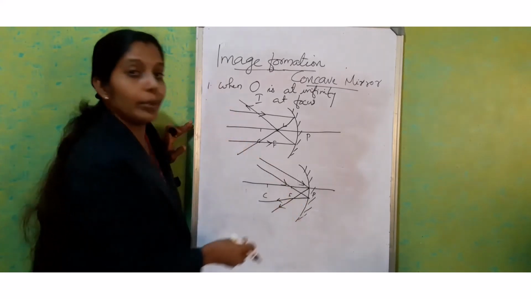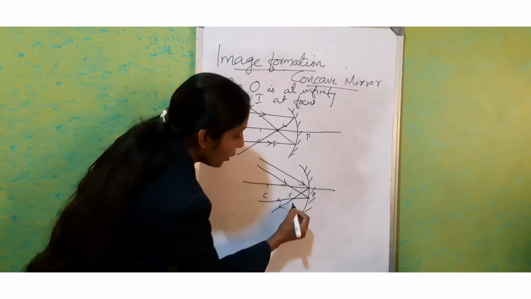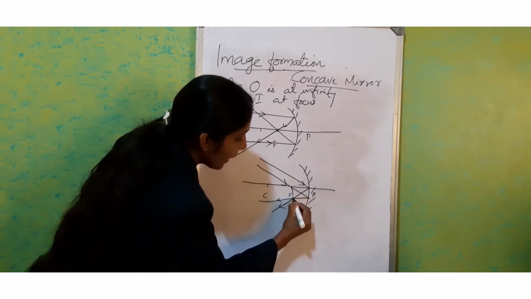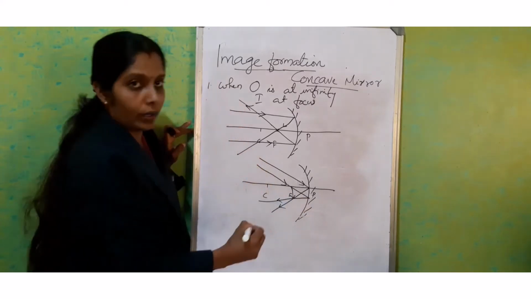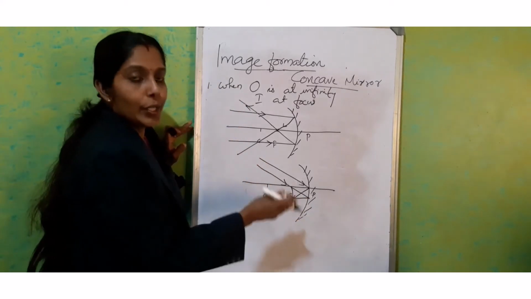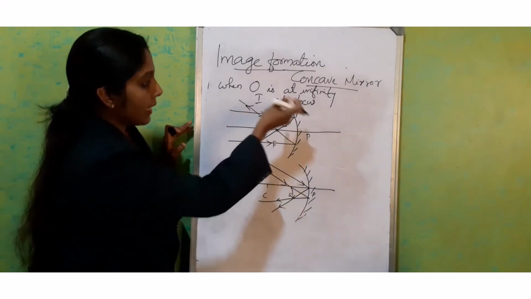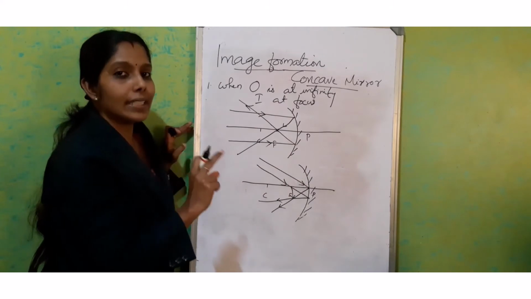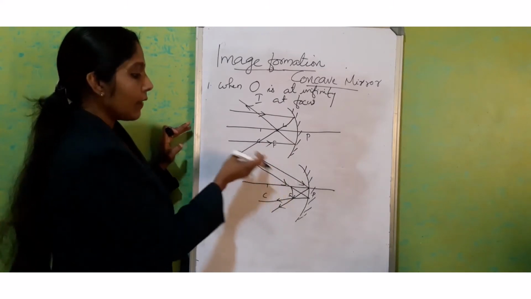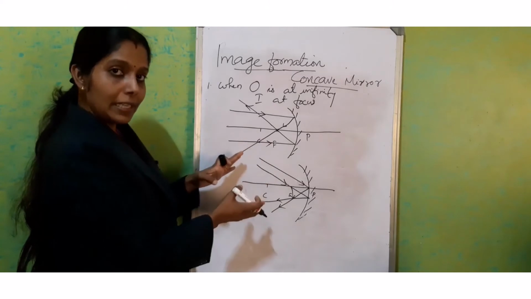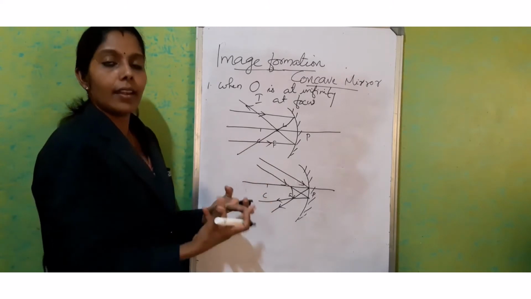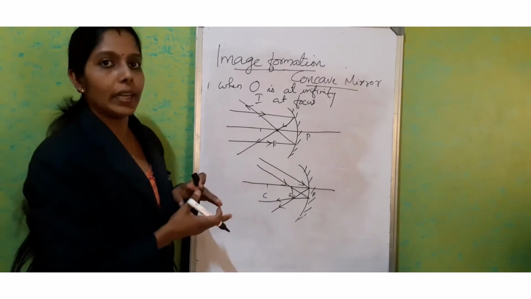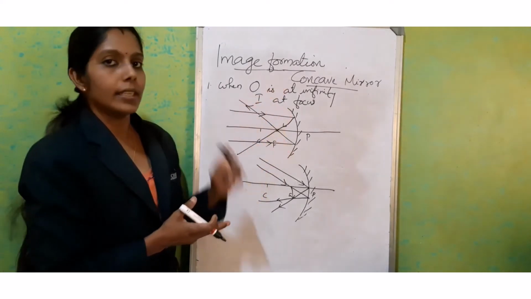Both rays after the reflection meet over here, so we get an image at the focus. Again it is an inverted, real image and diminished in size. So even if the rays are not parallel to the principal axis, they can fall on the mirror from anywhere, and this is the way we get the image when the object is at infinity.